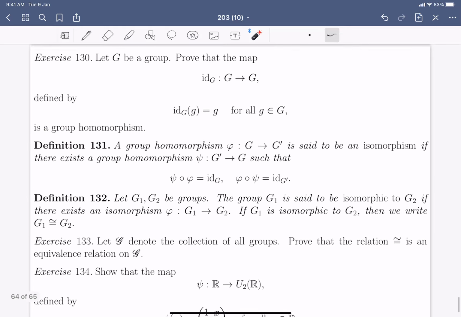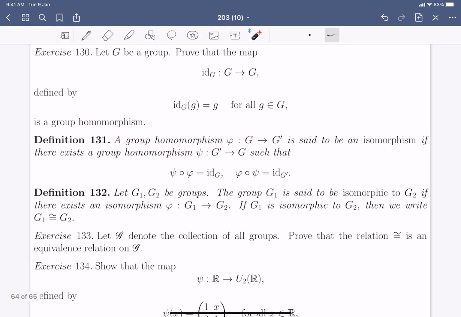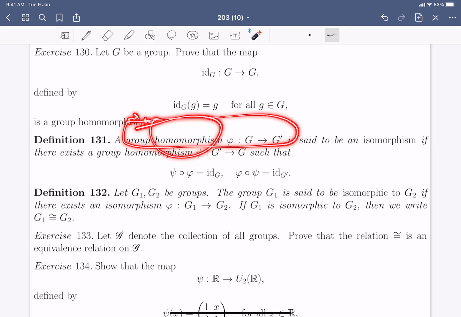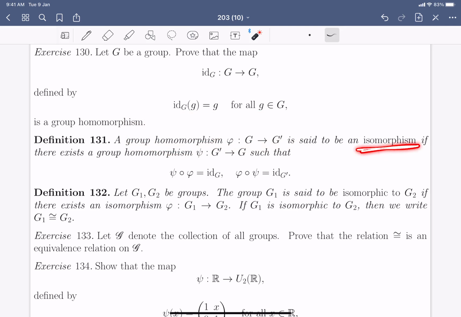There is another notion very much related to this notion of homomorphism. This is called an isomorphism between two groups. If we start with a group homomorphism phi from G to G prime, then this group homomorphism is said to be an isomorphism if there exists a homomorphism in the reverse direction.